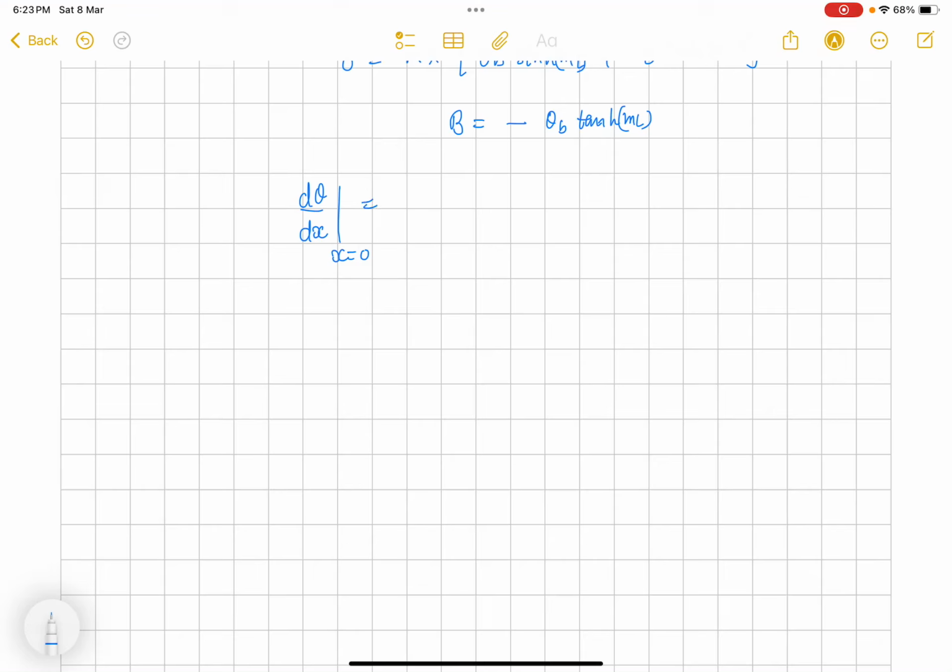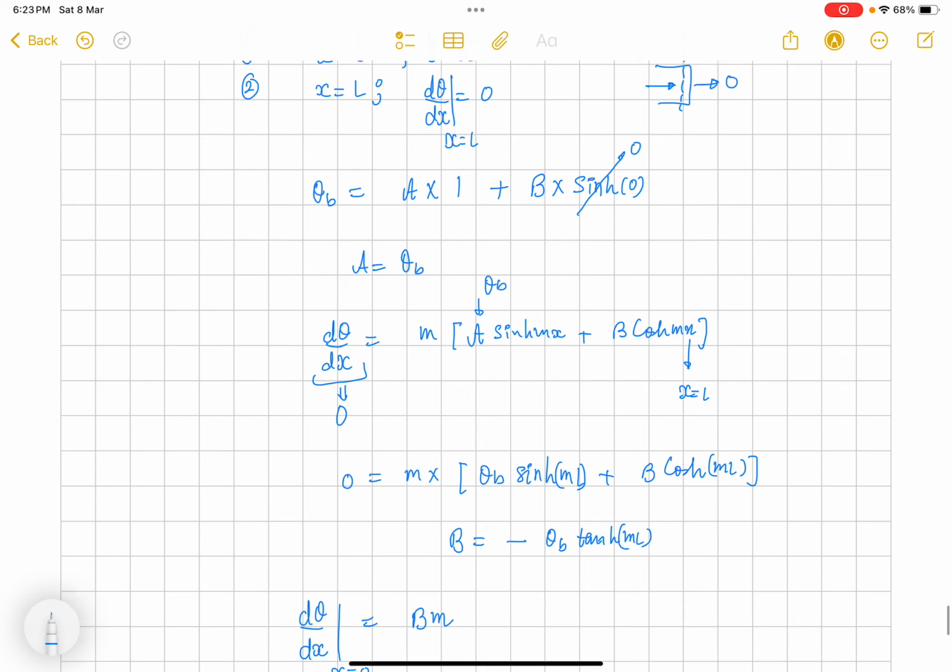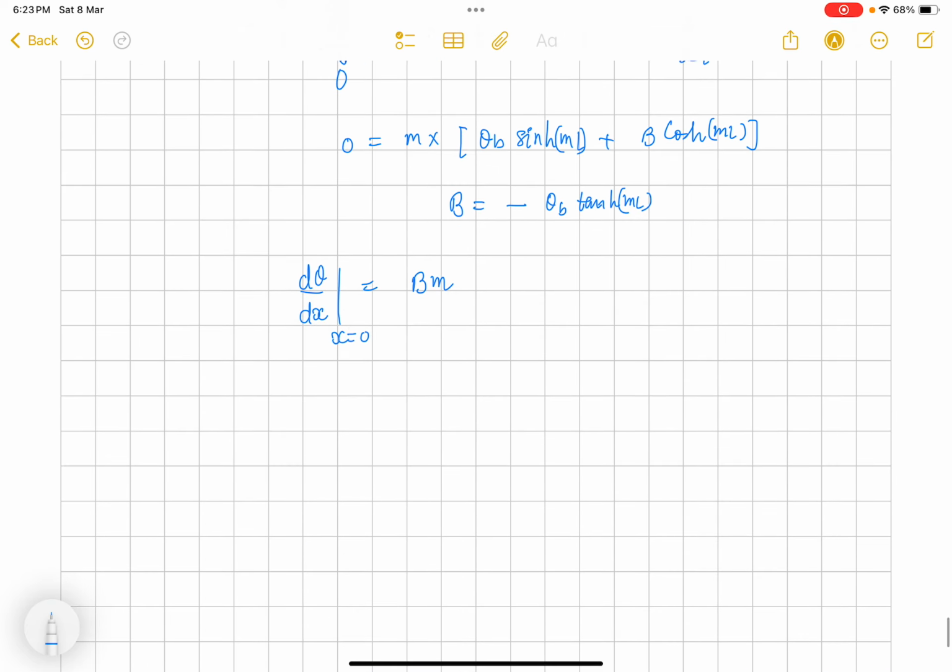Right? So that will be Bm. At X equal to 0, d theta by dx is b times m. From this you can find a and b. Minus theta b times m tan hyperbolic ml.